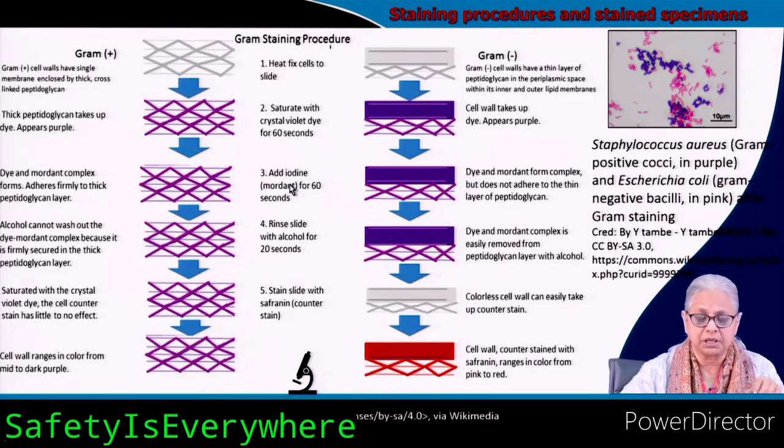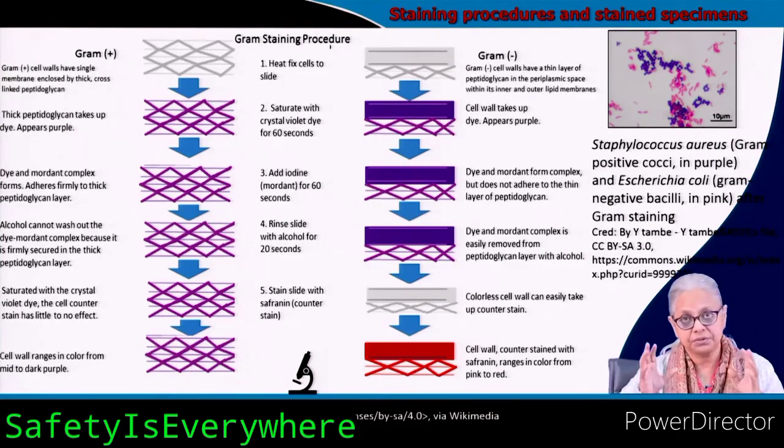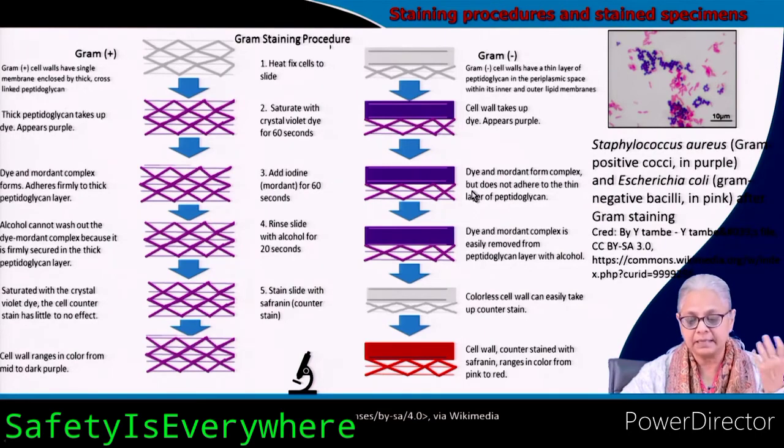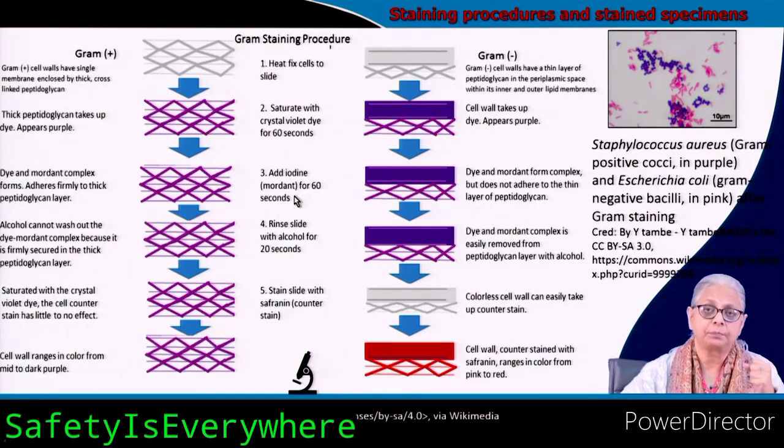Then you add iodine. Iodine is a mordant. It forms what is called a crystal violet iodine complex. This complex, which is insoluble in water, will be formed. We'll come back to the microscopic details later. This complex is known to attach itself to peptidoglycan.